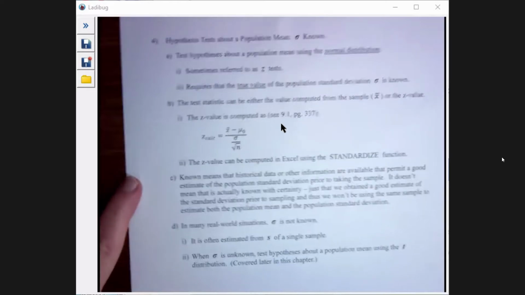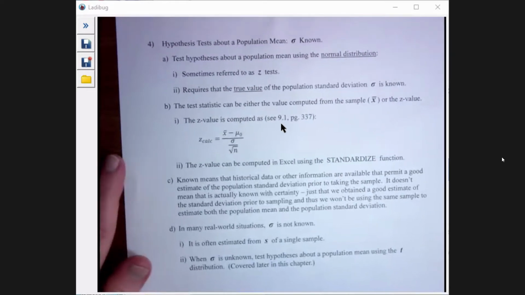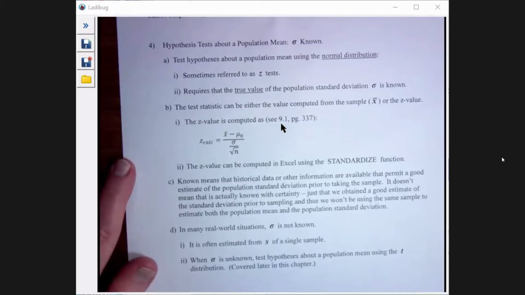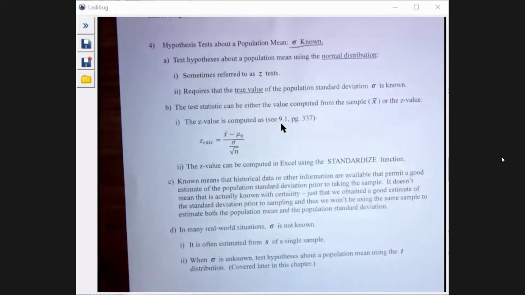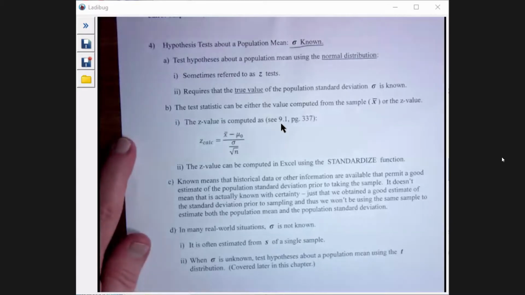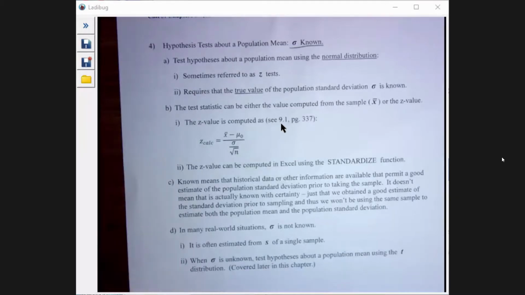We're going to take the same approach we took in chapter 8 with confidence intervals. We're going to start off assuming we know the standard deviation of the population. Now, is that normally the case? No, not always.